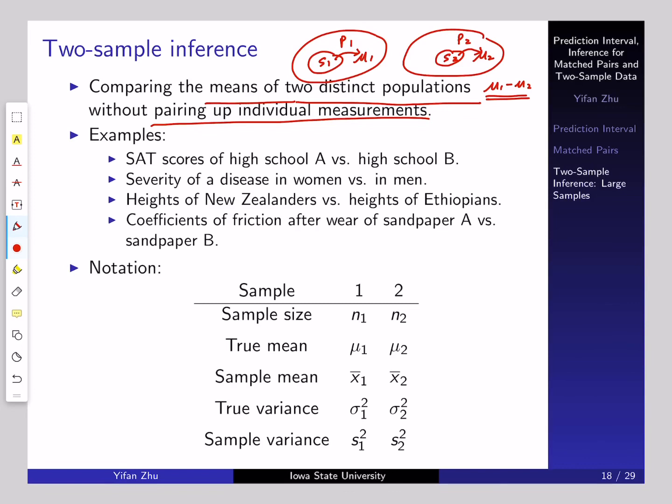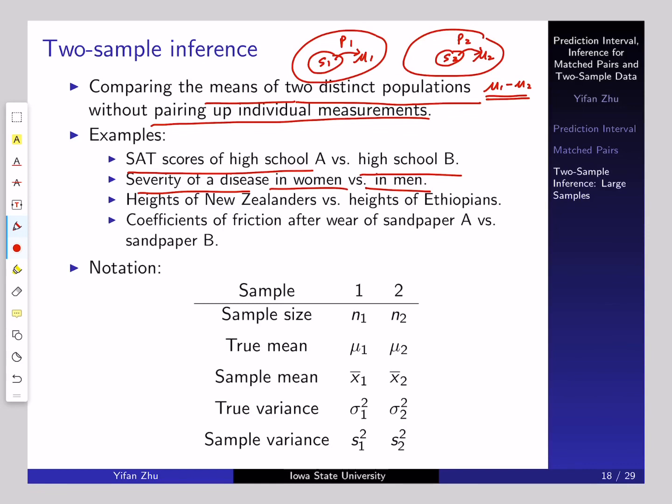Here are some examples of the two-sample data. SAT scores for high school A versus high school B. So the two samples are from high school A students and high school B students. Severity of the disease in women and men. So women and men are our two populations.